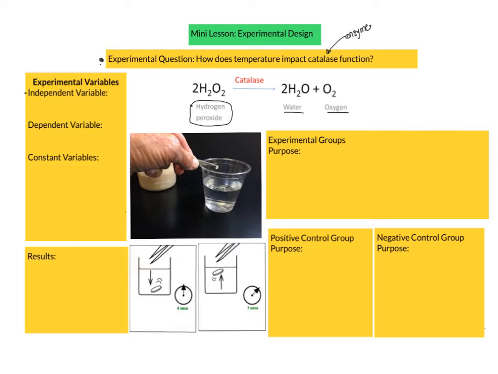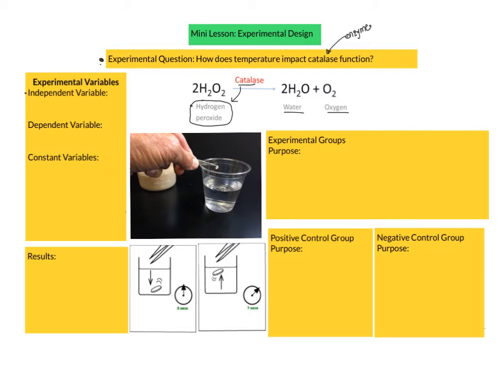And so also in the peroxisome, you'll find catalase, which helps to break that down before it becomes toxic to the cell. Okay, so with this in mind, we're trying to test in this experiment, how does temperature impact this specific enzyme's function?